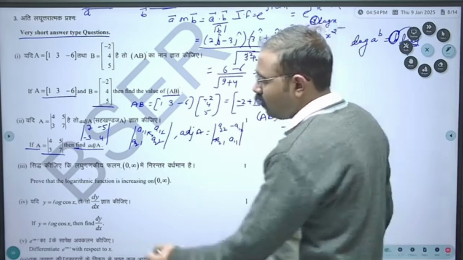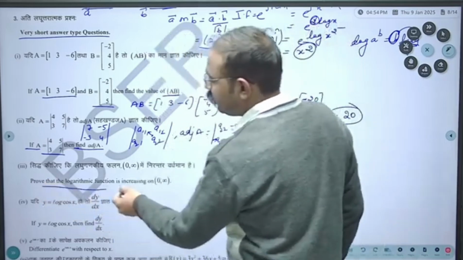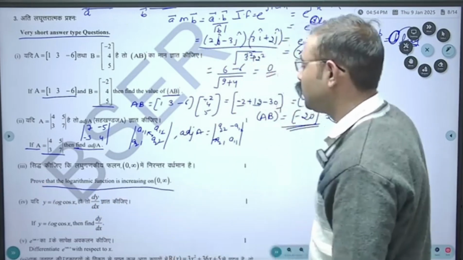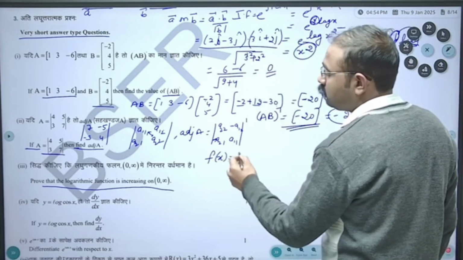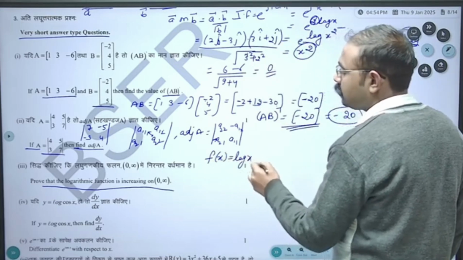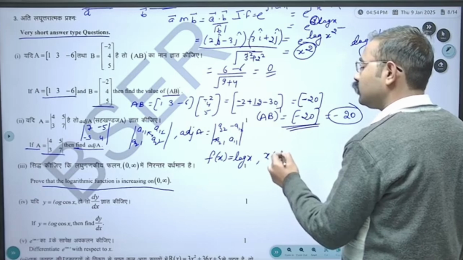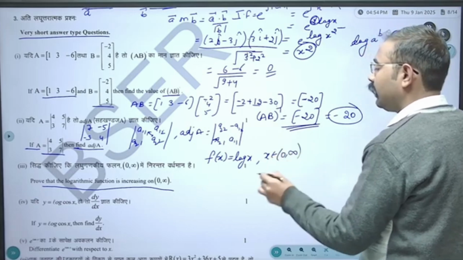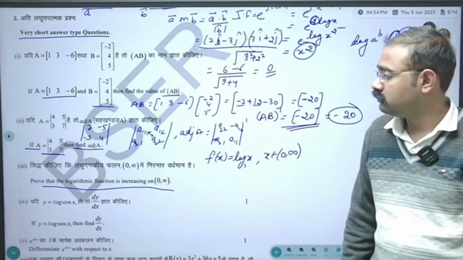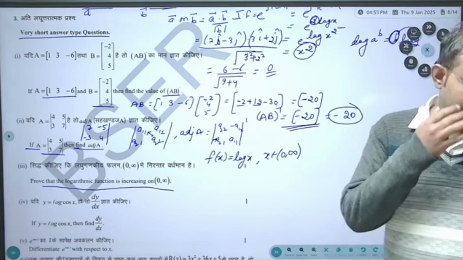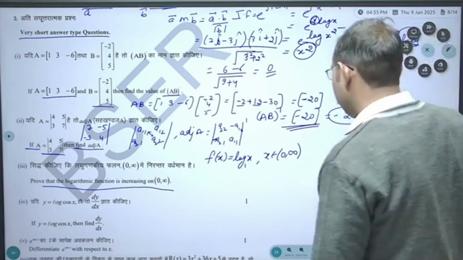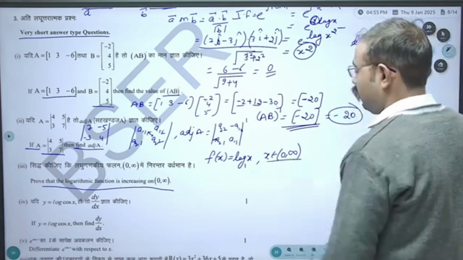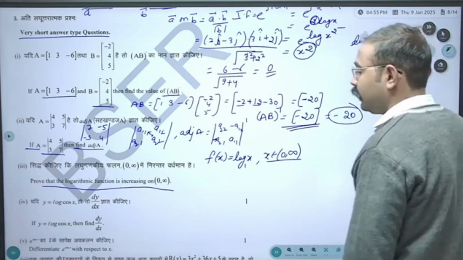Next is, prove that the logarithmic function is increasing on 0 to infinity. Means we have a function f(x) is equals to log x, and x belongs to 0 to infinity. We have to prove that this function log x is increasing on this x belongs to 0 to infinity.